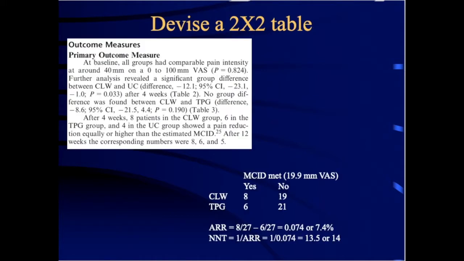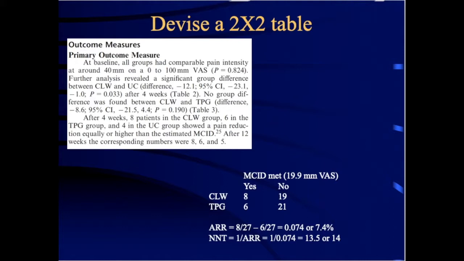So in our study for the cabbage leaf, when we looked at this versus usual care and versus the topical NSAID group, we see that in the primary outcome measure, most of it is reported in numbers on a continuous scale, on a visual analog scale.